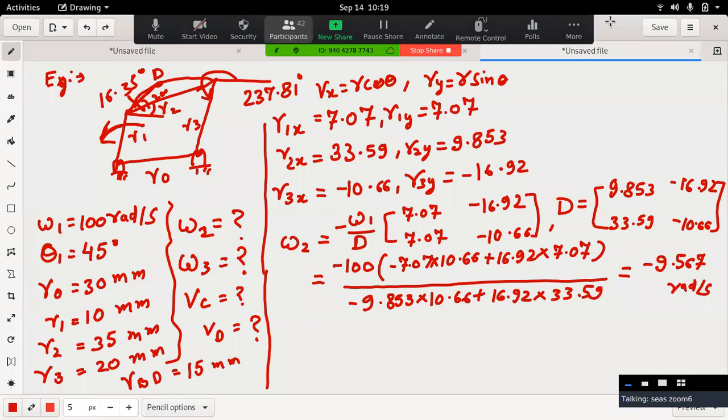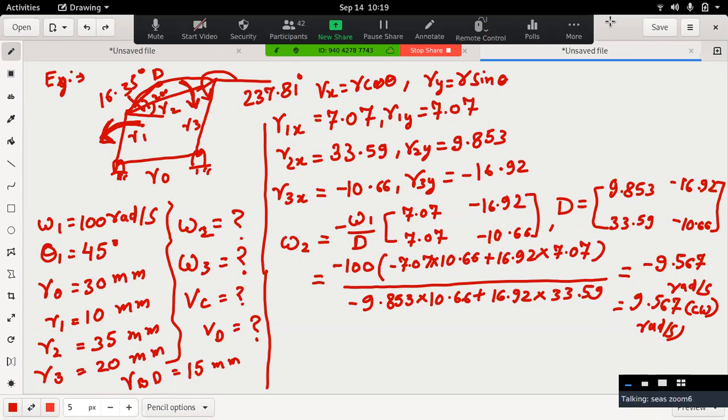It means that minus 9.567 is negative, and if we want it positive, we can write 9.567 clockwise. So when link R1 is moving with 100 radian per second counterclockwise, link 2 is moving in the clockwise direction with an angular speed of 9.567 radian per second.